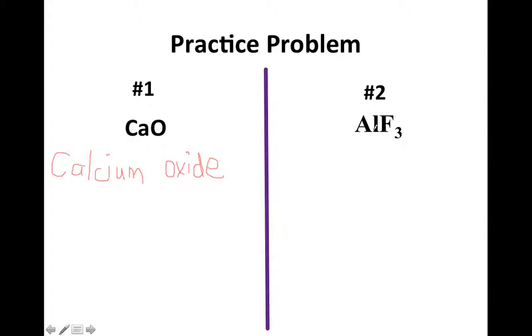Okay, now the second one, AlF3. When I look at that one, we're going to start with the very first word. We're going to keep it just as is on the periodic table. That would be aluminum. It's kind of hard to write with this pen on there.